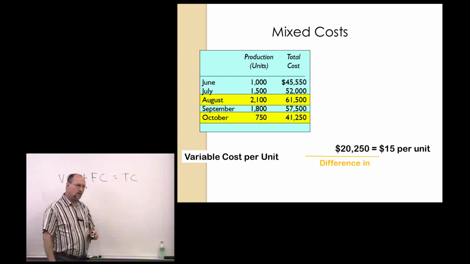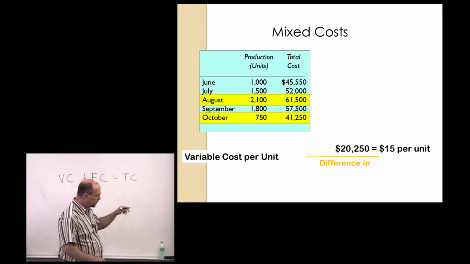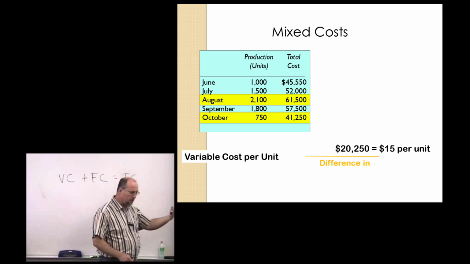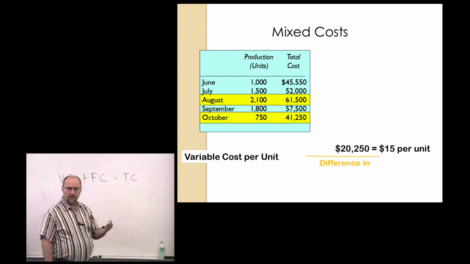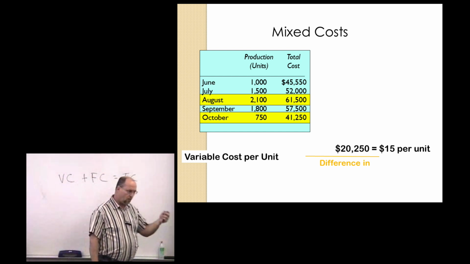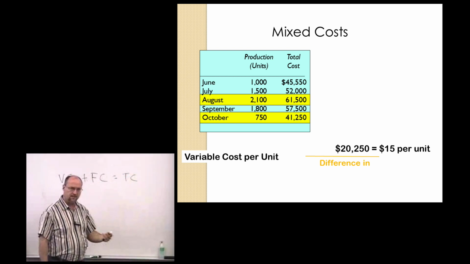Now, review your variable cost per unit graph, and remember, within the relevant range, it's straight. We assume, for example, that when Ford Motor Company signs a contract with Goodyear Tire and Rubber, they're going to buy several million tires for X number of dollars per unit. It's in a contract. The cost per unit stays the same.